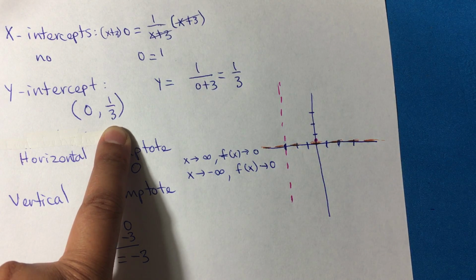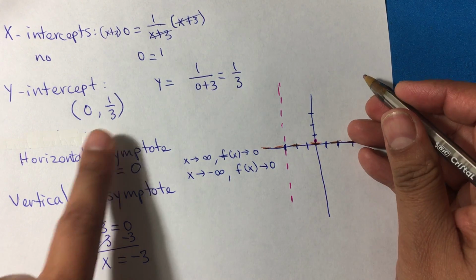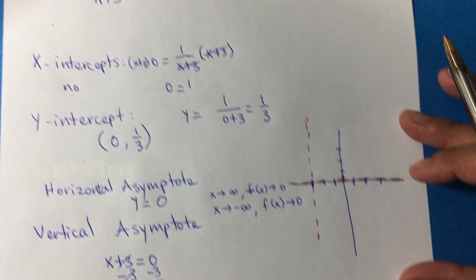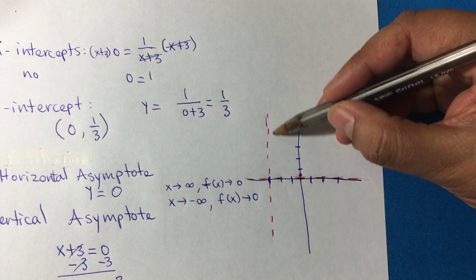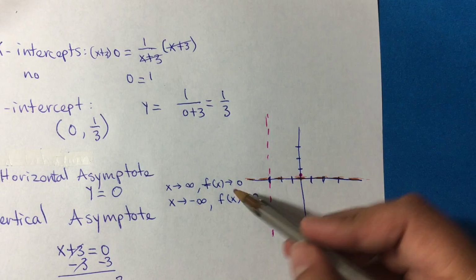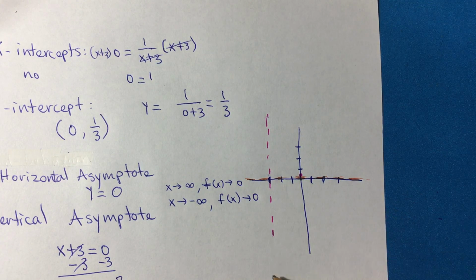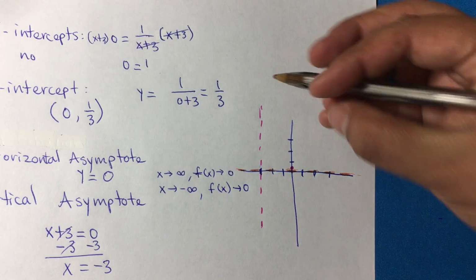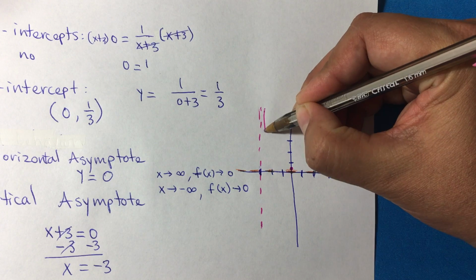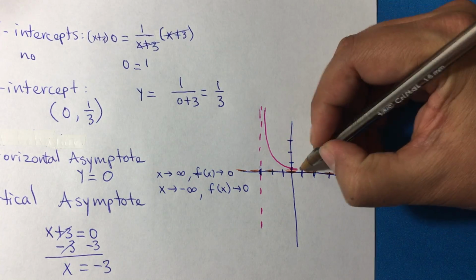So at 1/3, and if you recall, if this is a positive of the mother graph, then it's going to go like this. And then in the third quadrant, it just shifted because we're adding 3. Okay, and so it will go something like this.